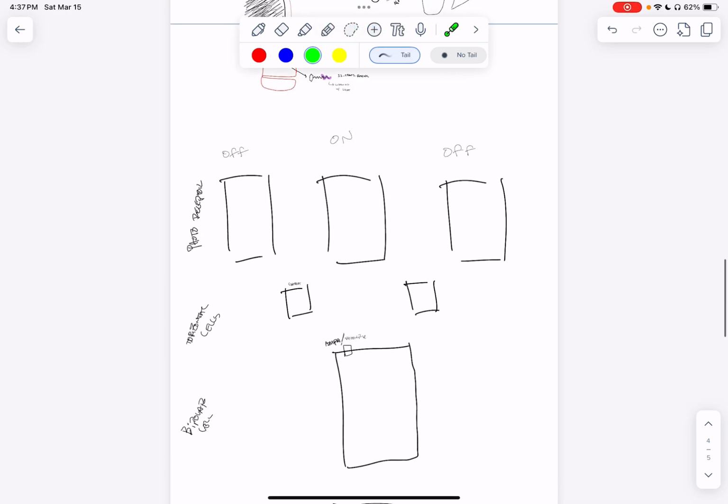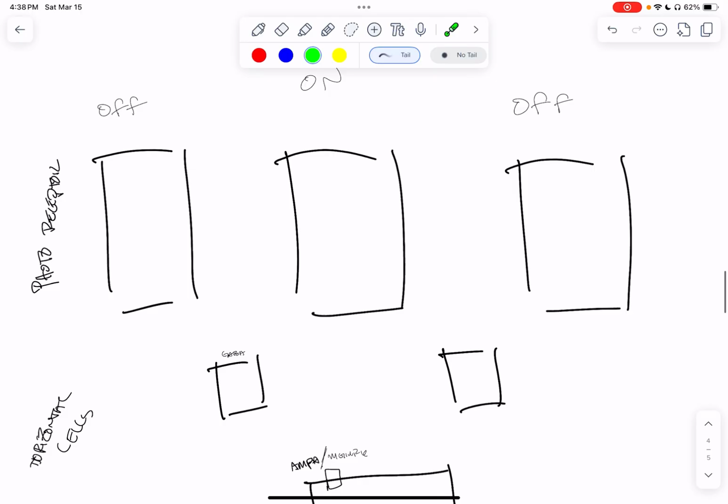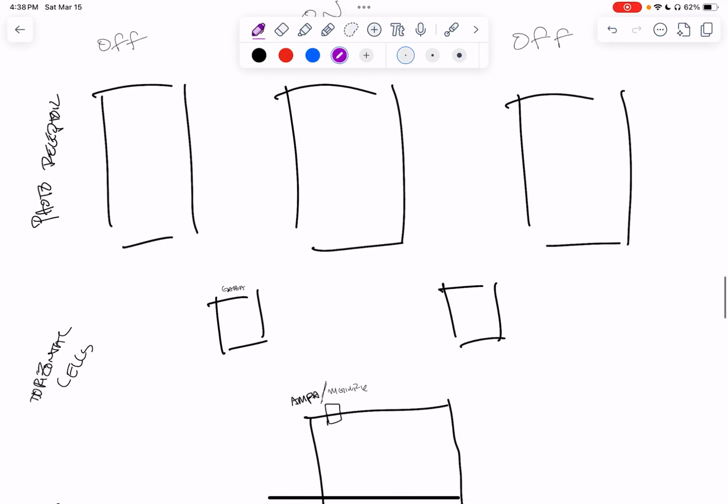Okay, so let's get a scenario going here. Let's say we've got our off surround. We'll use purple, and it's releasing glutamate. All this purple is glutamate.